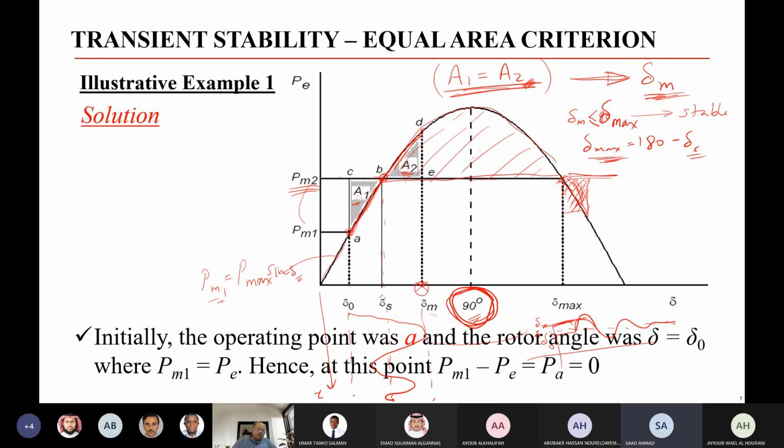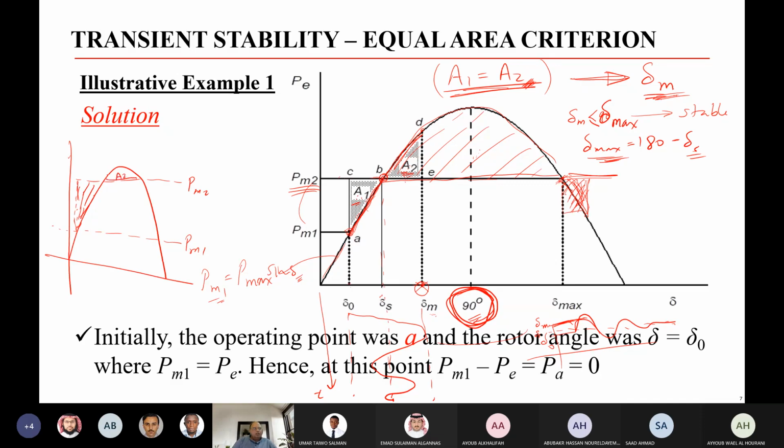Okay. Assume that we have such a case. This is BM1. This is BM2. This is the acceleration, right? And this is the whole deceleration area available.